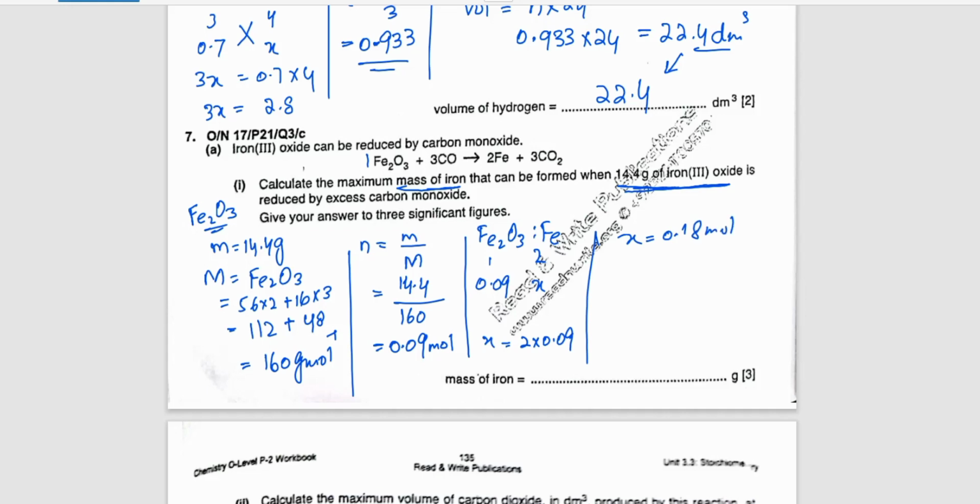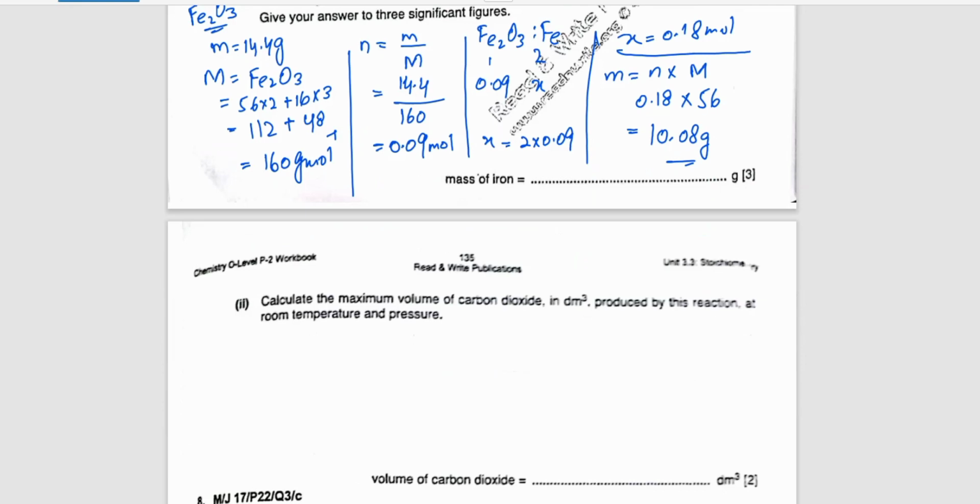This is the mole of Fe. Now we have to find its mass. Mass is equal to number of moles multiplied by the molar mass. Number of moles equals 0.18, and molar mass of Fe is 56. Simply you can find it from the periodic table. So it becomes 10.08 gram. This is the answer.